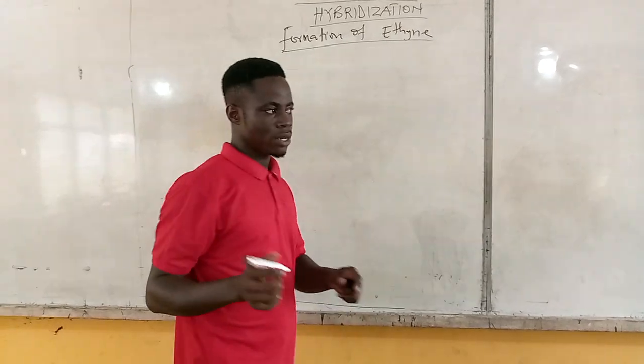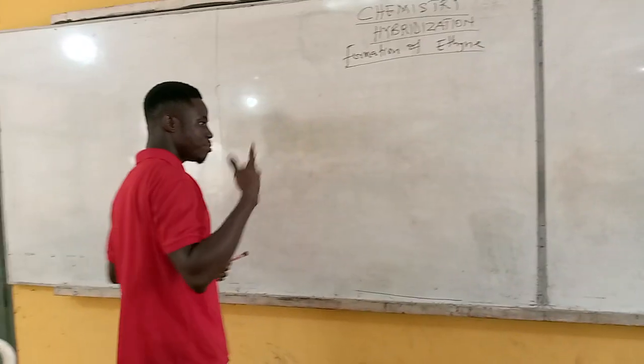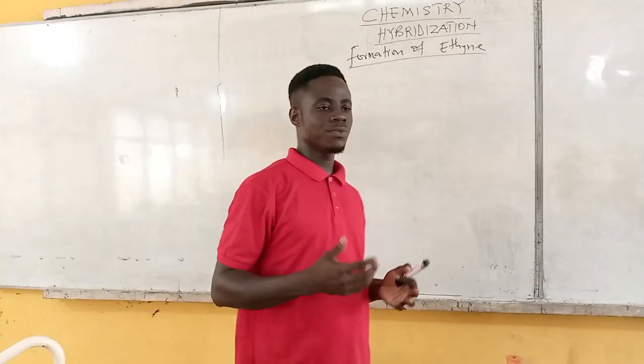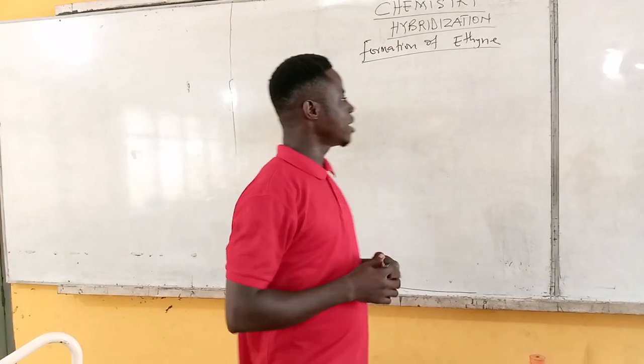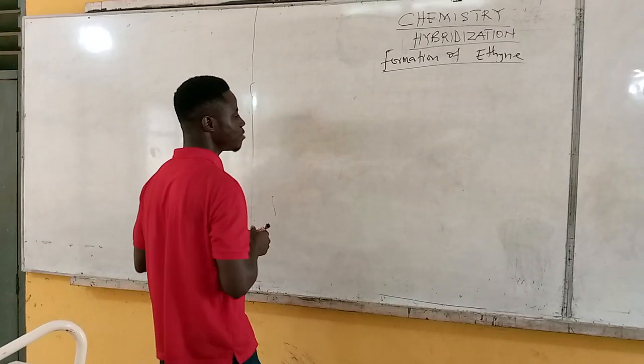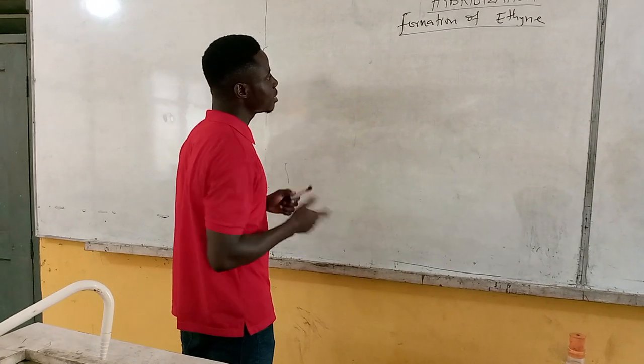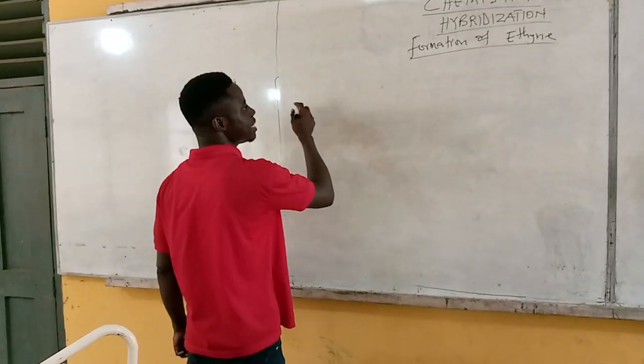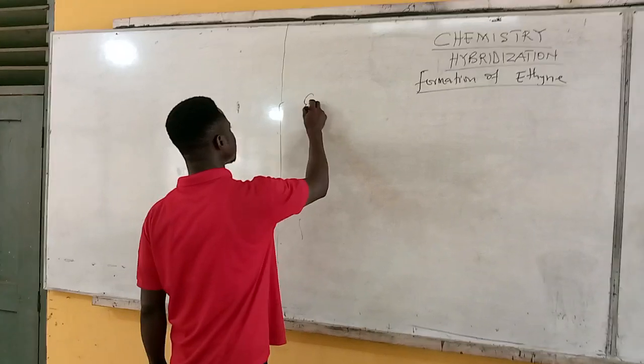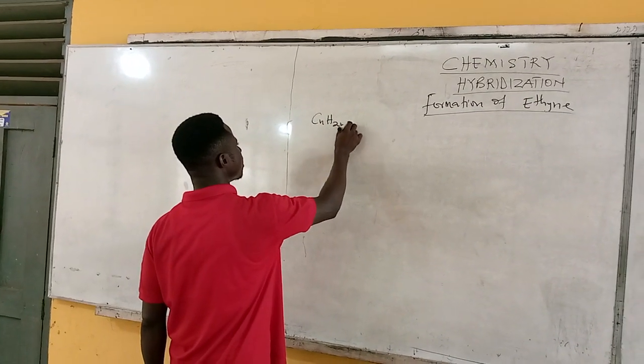Ethyne. In our previous video, we were able to form Ethene, and we gave a general formula for all alkenes. But with Ethyne, we are going to give the general formula CnH2n-2.